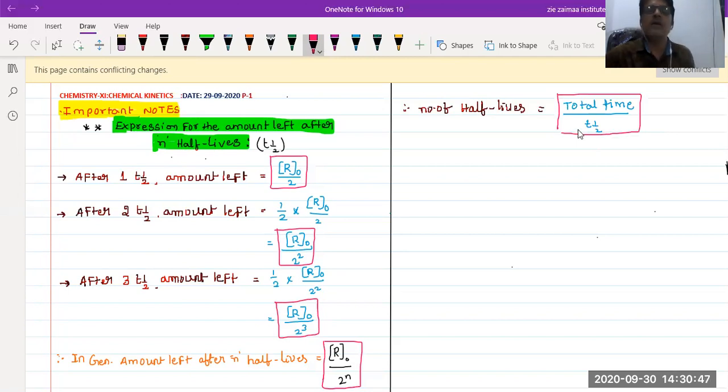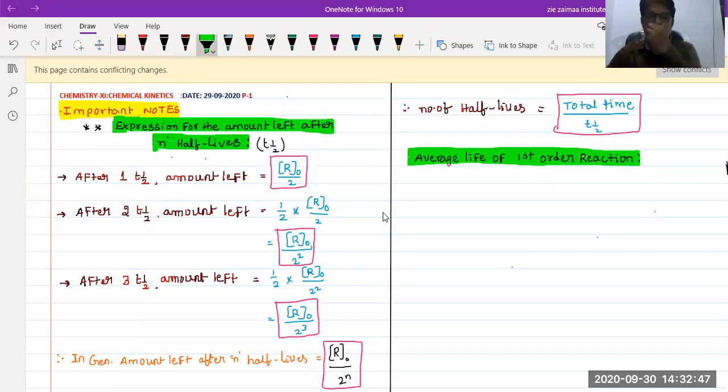Okay, now the next one, the average life of the first order reaction. First, how can we get the statement for this average life? So average life is nothing but the time in which the concentration of the reactant is going to be reduced to 1 by e.